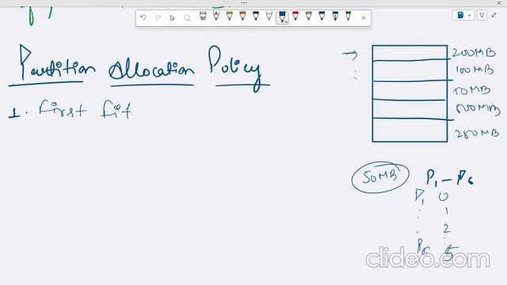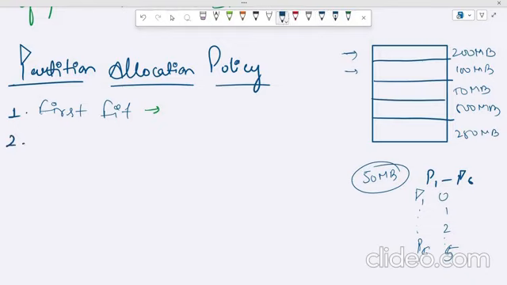If P2 comes next, P2 is allocated to the second block. Those who come first get the memory first, so the first partition from the start stores the process. That's easy, there's no need to write about it.